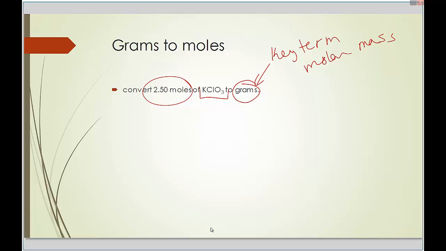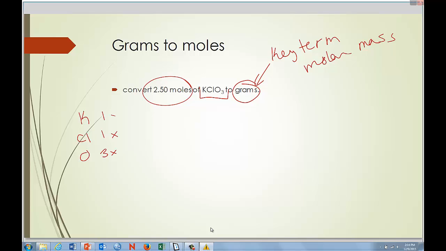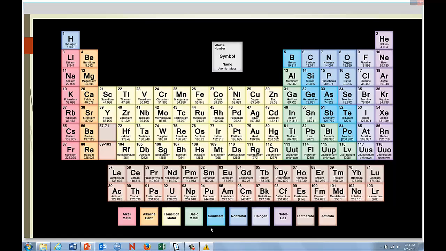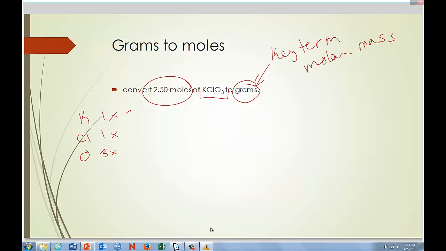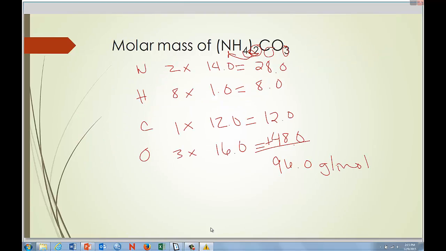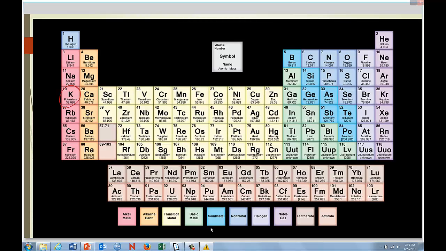So we have K, Cl, and O. We have 1 potassium, 1 chlorine, and 3 oxygens. We look on the periodic table. K is here, 39.1. That comes out to be 39.1. Cl is here, 35.5.